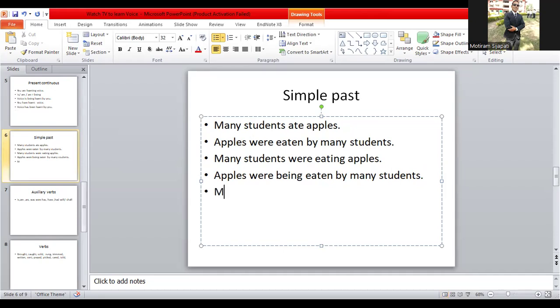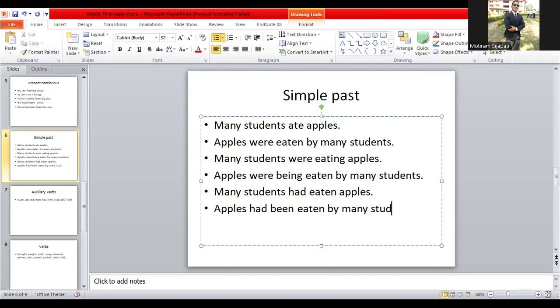Now, past perfect. Many students had eaten apples. Then what will be? Apples, you are right, then had been. Then what is the V3? Eaten by many students. Students, yes, you're right.